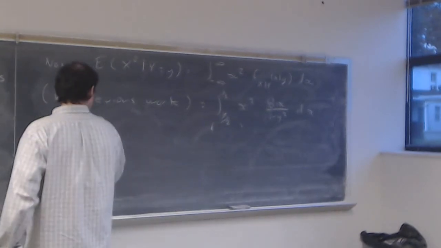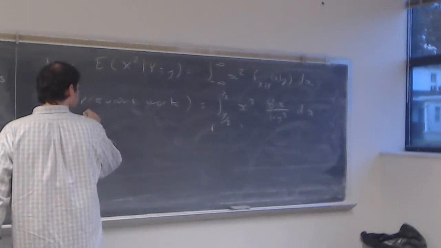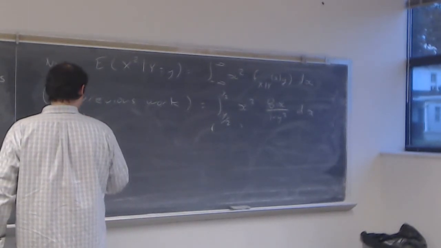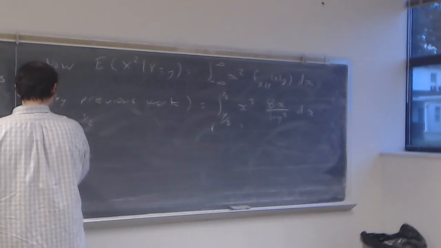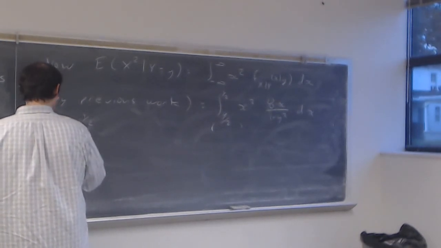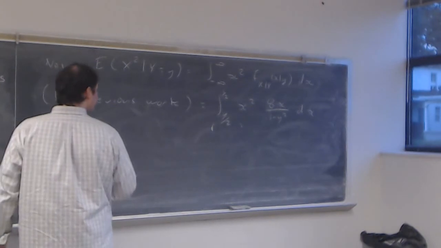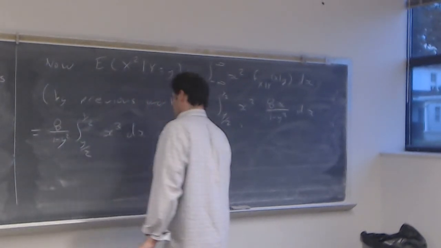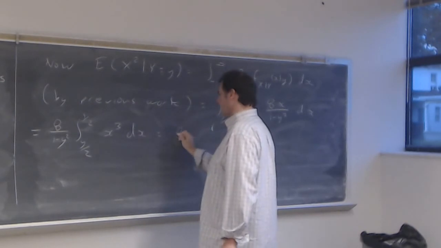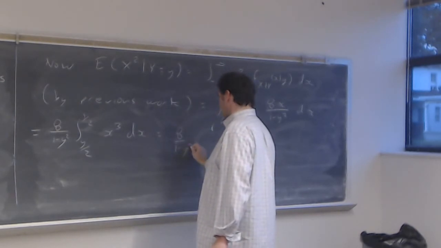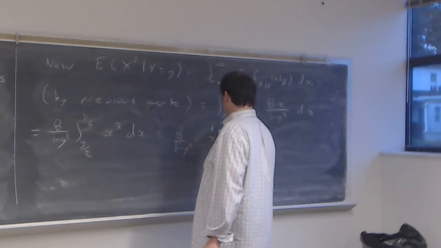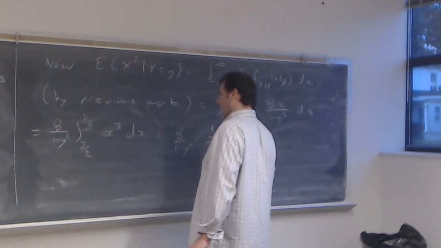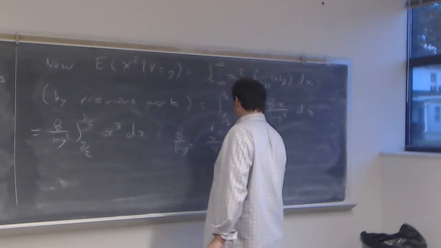This ends up being the integral from y over 2 to 1/2. I can pull out the 8 over 1 minus y squared, and I have x cubed dx. This ends up being 8 over 1 minus y squared, x to the 4th over 4, evaluated from y over 2 to 1/2.